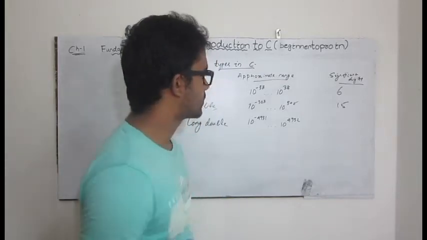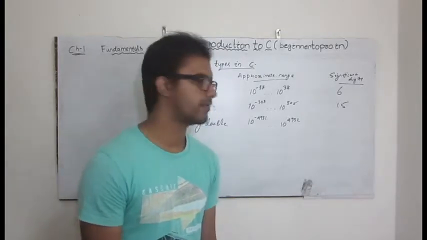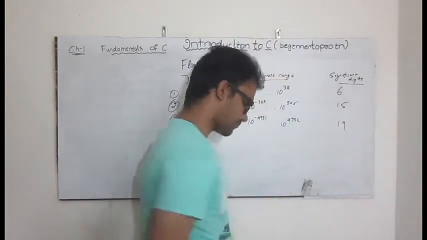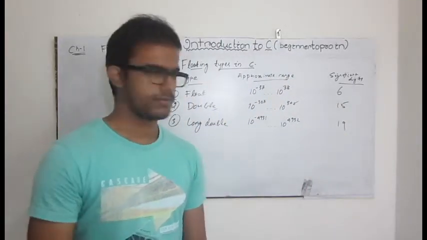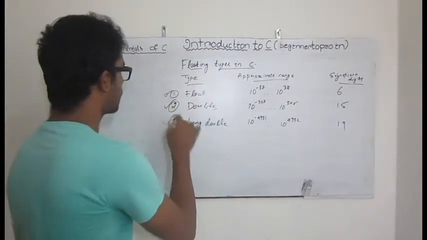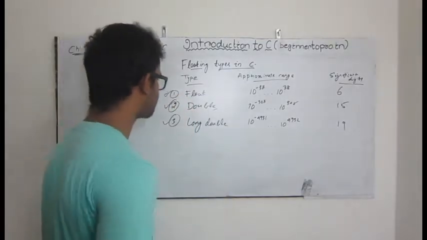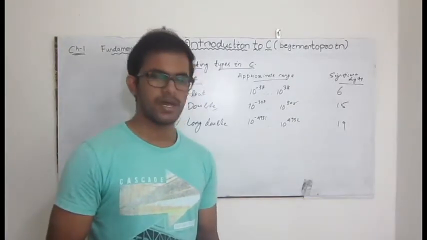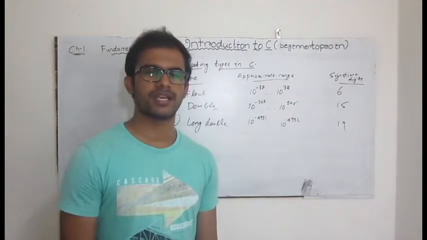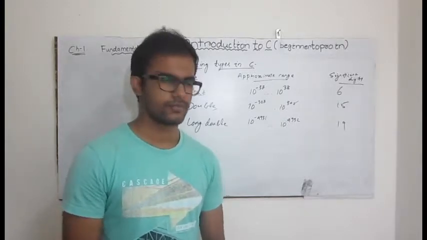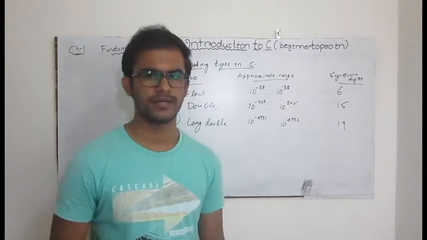And guess the significant digits will be 19. So these three come under floating types in C. We'll next focus on ASCII codes for the characters. So let's move on to the next part.